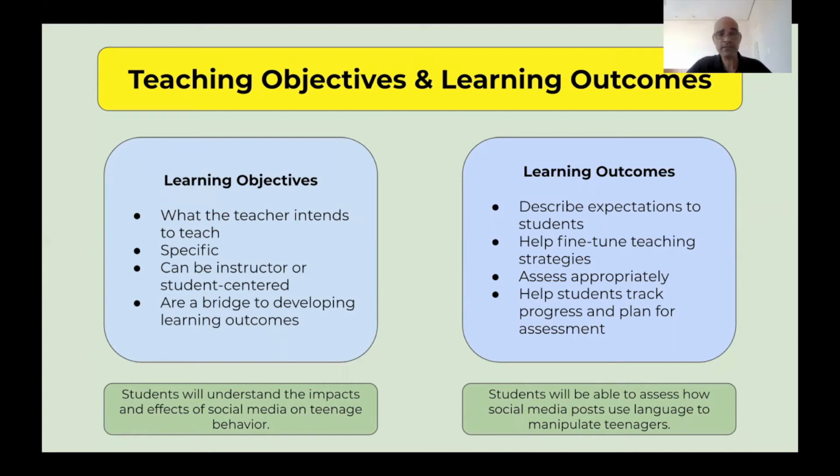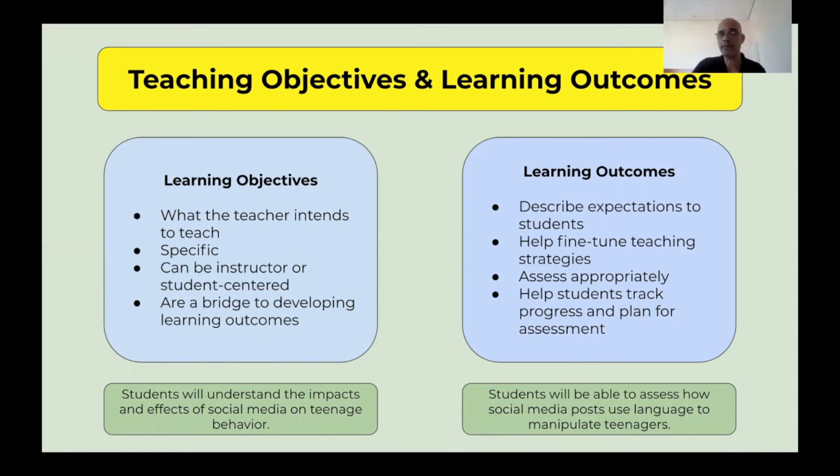They are more specific than the goal, but less specific than the outcome itself. They can be instructor-centered or student-centered. So I can say, the teacher will teach the impacts and effects of social media, or students will understand the impacts and effects of social media, etc. And of course, my objectives are part of the path, or a bridge, to producing my learning outcome.